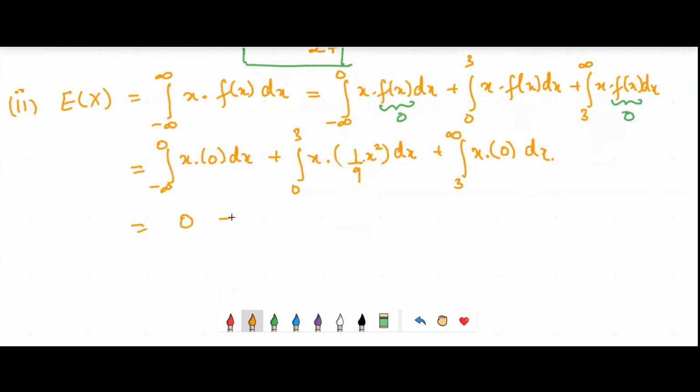Now, as 1 upon 9 is a constant, this would be x cubed dx.